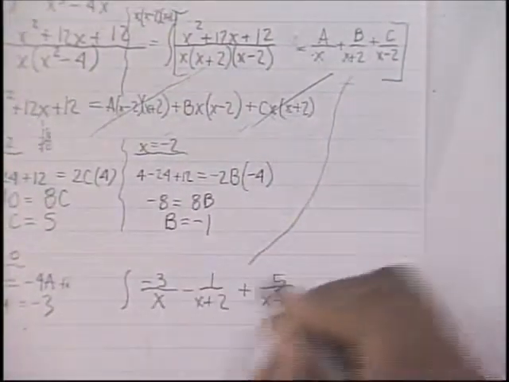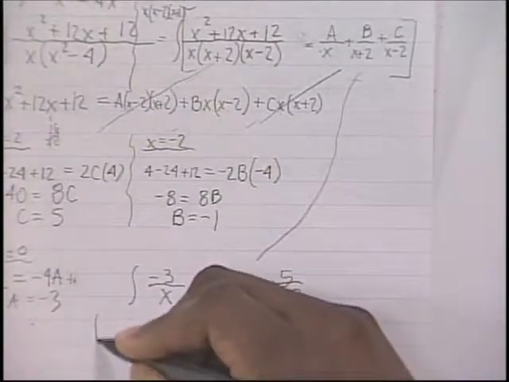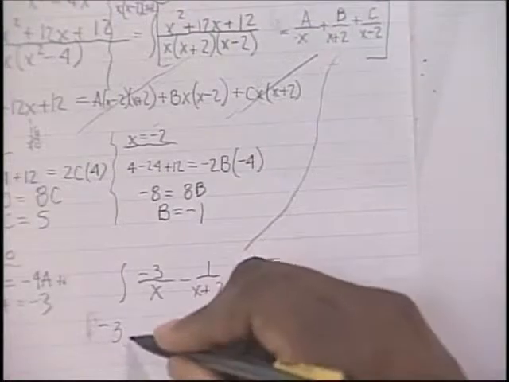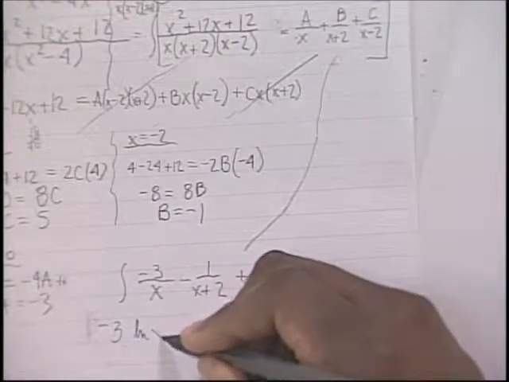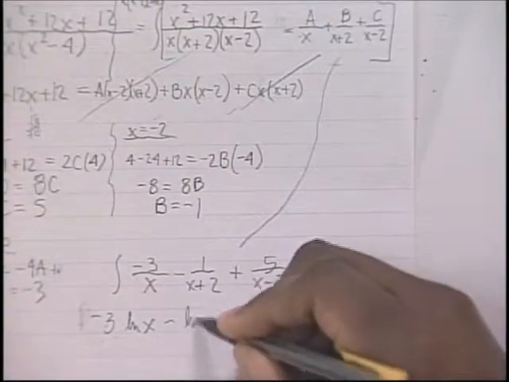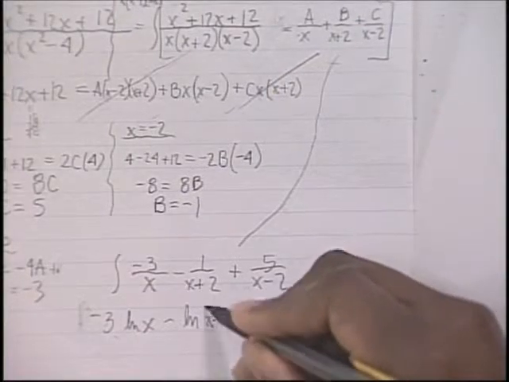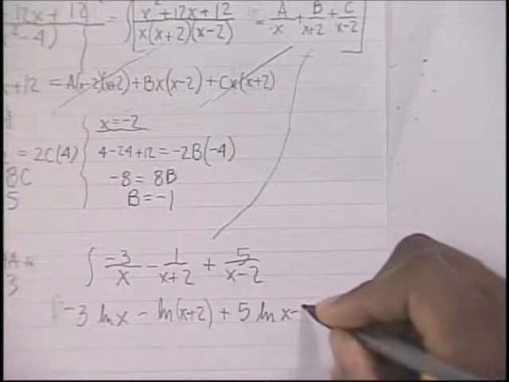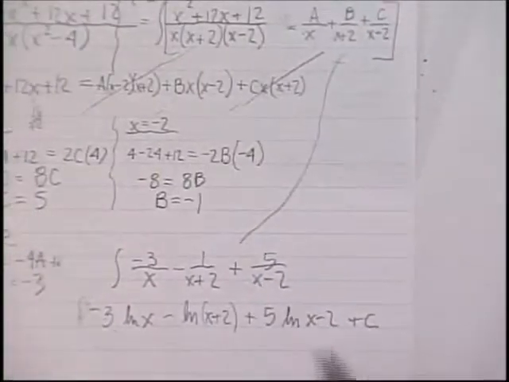Final answer, this is not too bad to take the antiderivative of. You get -3 natural log x minus natural log x plus 2 plus 5 natural log x minus 2. Sorry we had to rush through that.